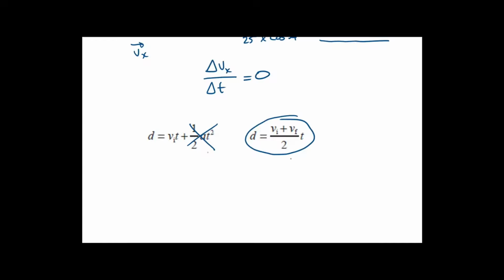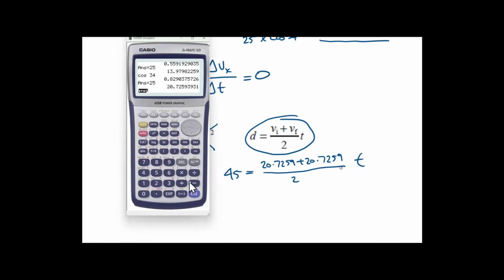So the distance we know is 45, and we know that along the ground it's going at 20.7259 divided by 2 times t. And now we know how much time it could take. So 20.7259 times 2 is that.